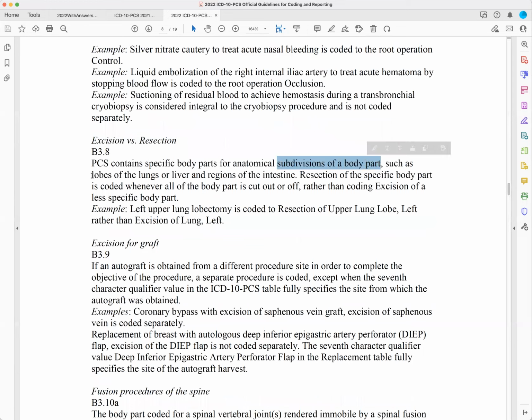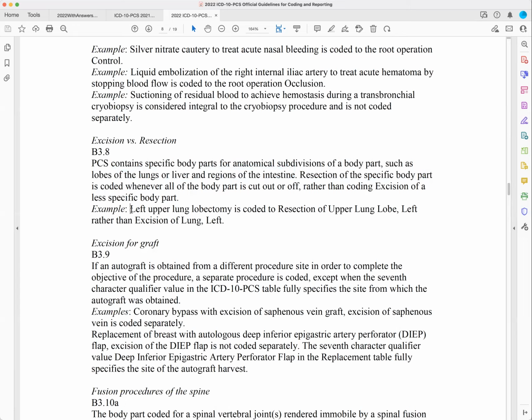So PCS gives the lobes of the lung their own body part. Regions of the intestines have their own body part value. So you have to look at, did they do a complete removal or a partial removal of that particular body part as reflected in its own unique character value in PCS.